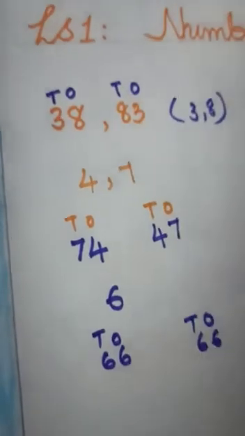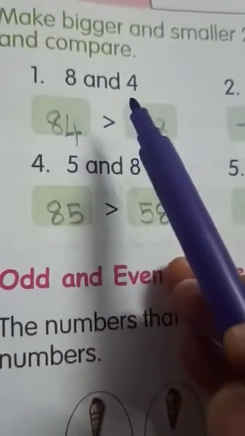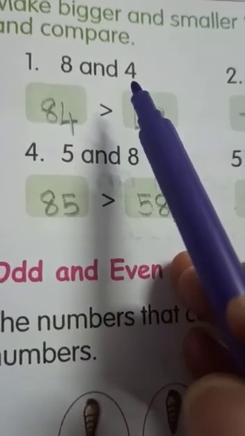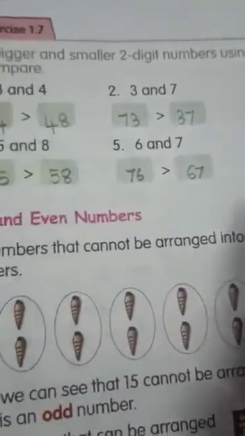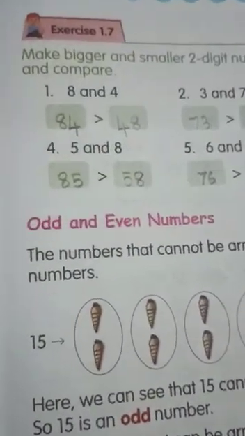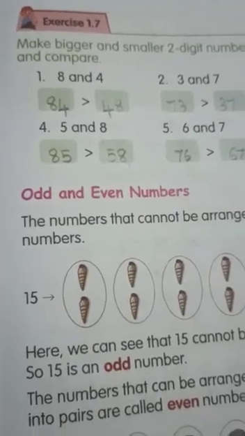Okay, now in your textbook you are given some digits. You have to make the smaller number and also the bigger number, and practice all this. Okay now students, thank you and be ready for the next class.